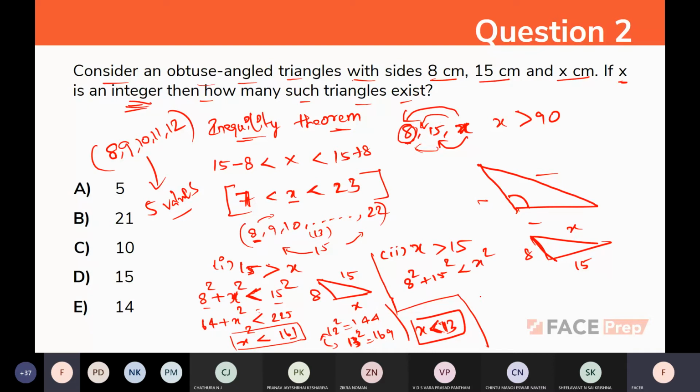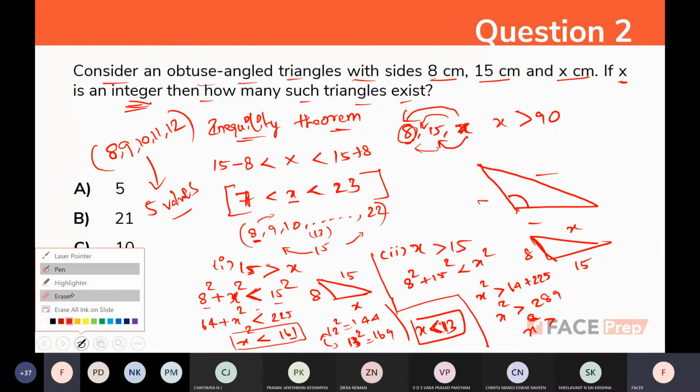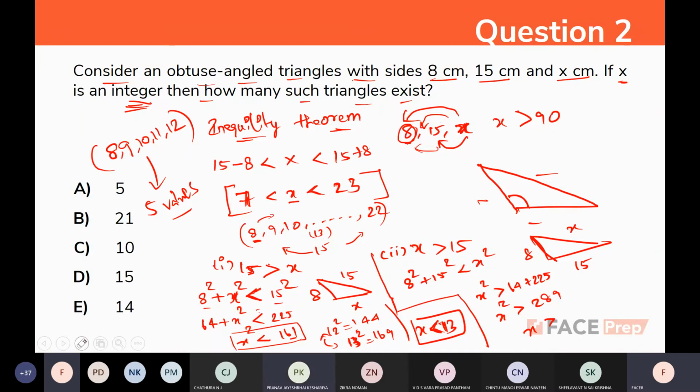So x squared will be greater than what is the answer? 64 plus 225, x squared will be greater than 289. So what is the square root of 289? Anyone knows that? Okay, 17, nice. Thanks. So 17 is the square root of 289.